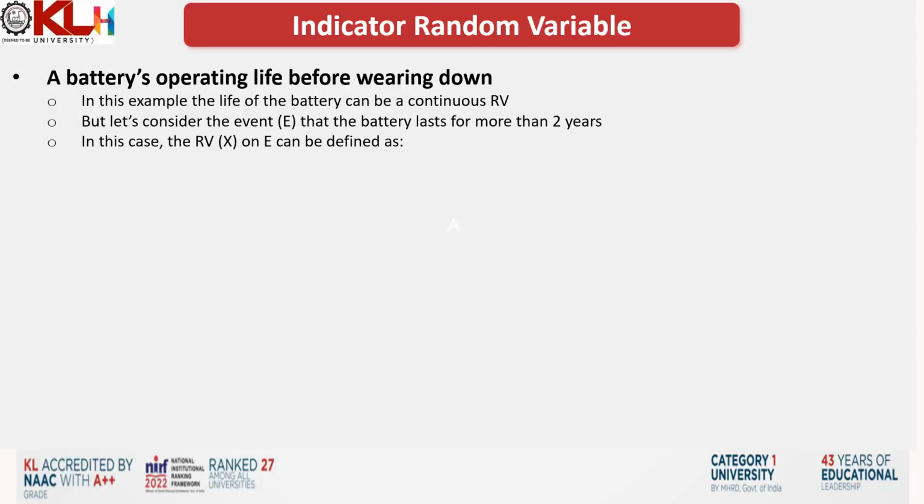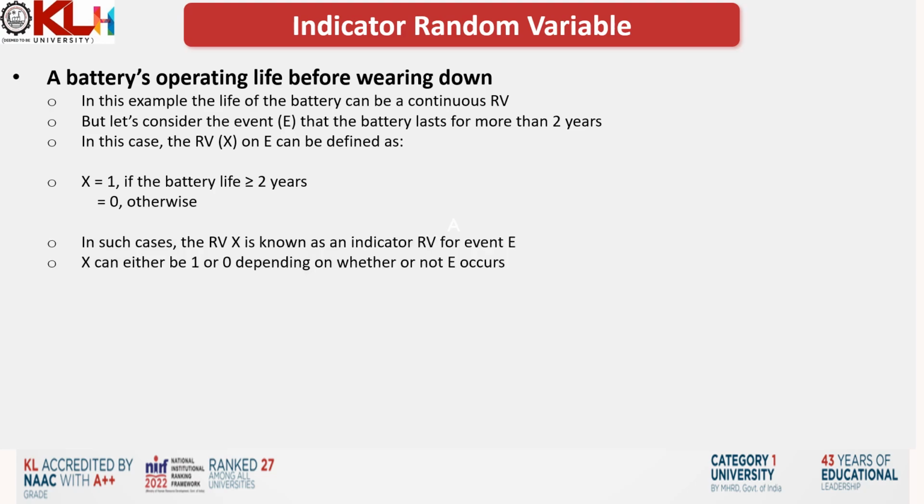But if you consider the event E, that the battery lasts for more than 2 years or not, in this case the random variable on E can be defined as X equal to 1 if the battery life is greater than or equal to 2 years and 0 otherwise. So it takes on values of 0 and 1. Such types of random variables are known as indicator random variables. X can either be 1 or 0 depending on whether or not E occurs.